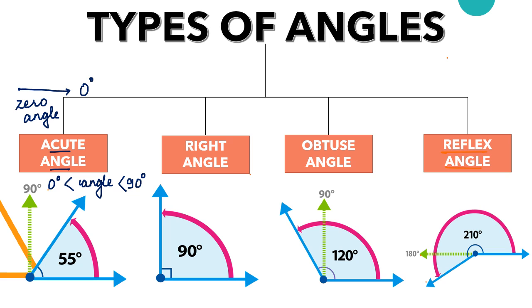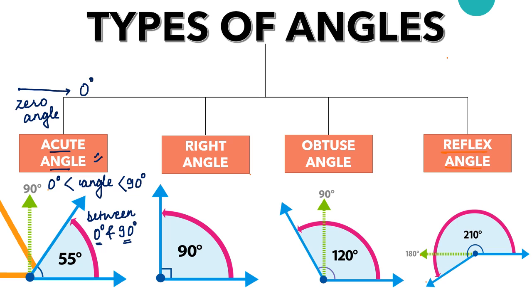So for an acute angle, the measure is between 0 degrees and 90 degrees.